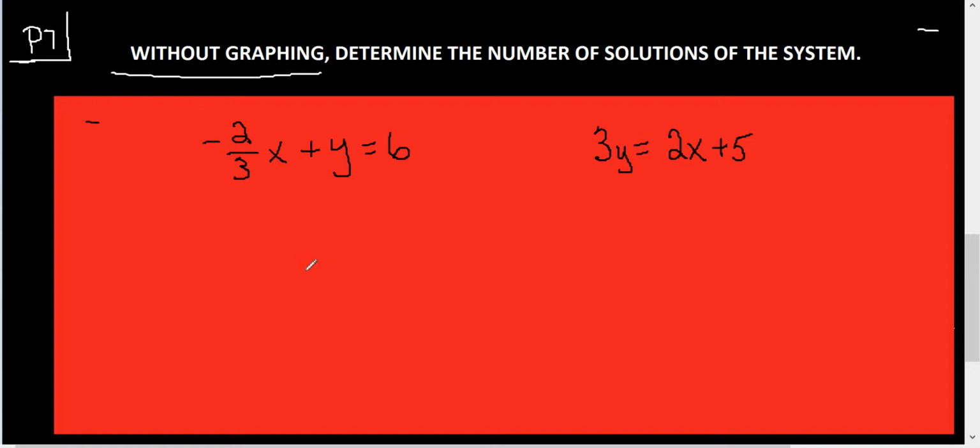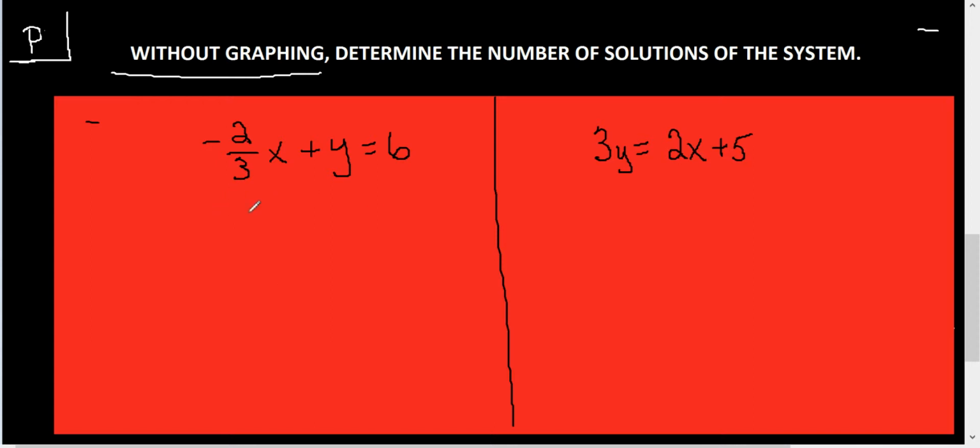Okay, here is practice 8. I split them up already, so I can go ahead and rearrange this in slope-intercept form. So this one on the left, I'll do separately.